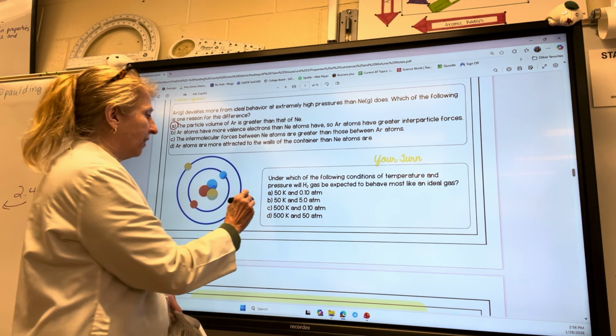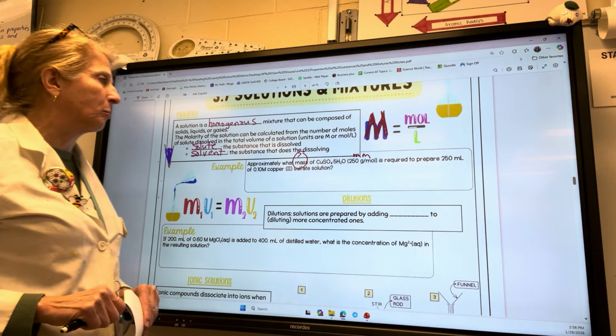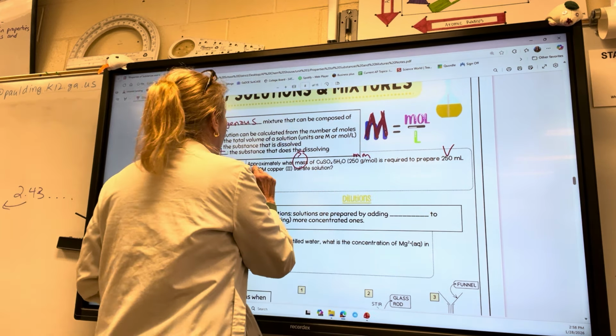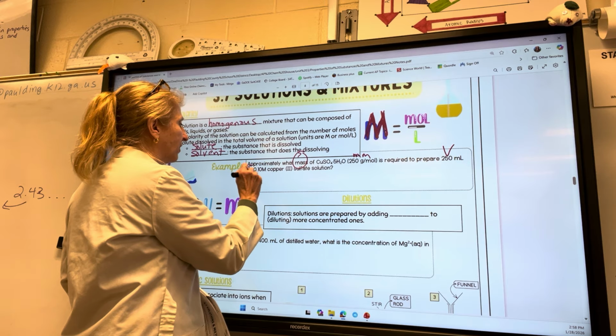Okay, so here's the example molarity problem. Approximately what mass of copper sulfate hydrate, whose molar mass is 250 grams per mole, is required to prepare 250 milliliters, that's a volume, of 0.1 molar, that's a concentration.